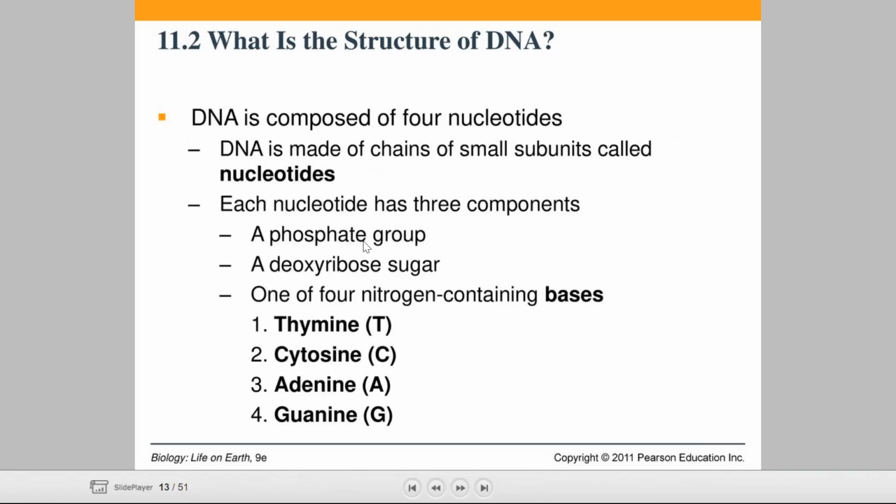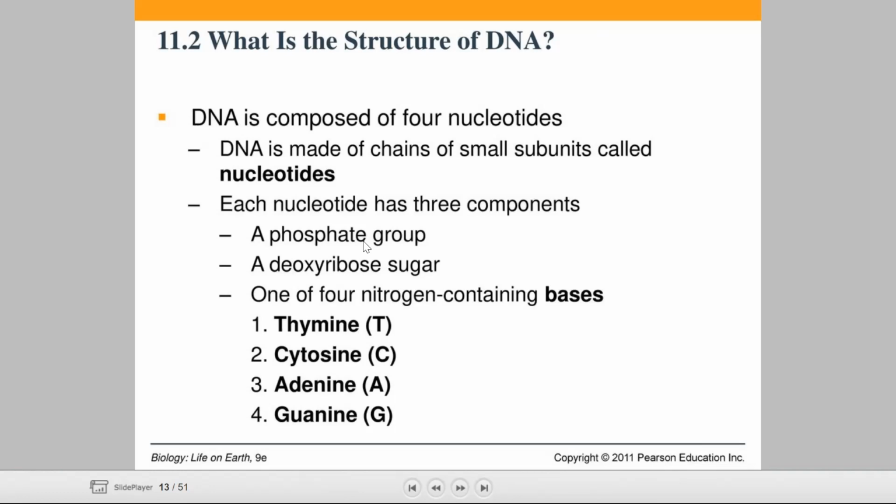What is the structure of DNA? We will delve further. First, DNA is composed of four nucleotides. What are nucleotides? Nucleotides are the small subunits that compose the chain of DNA, where each nucleotide has three main components. The first one, phosphate group. The second one, deoxyribose sugar.